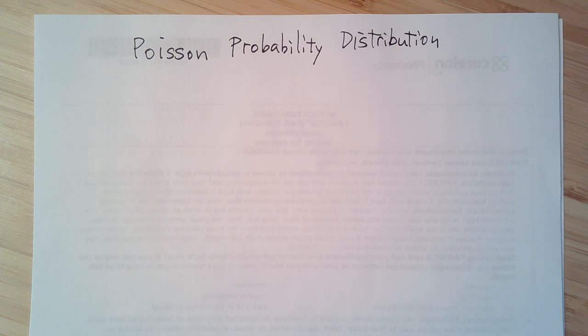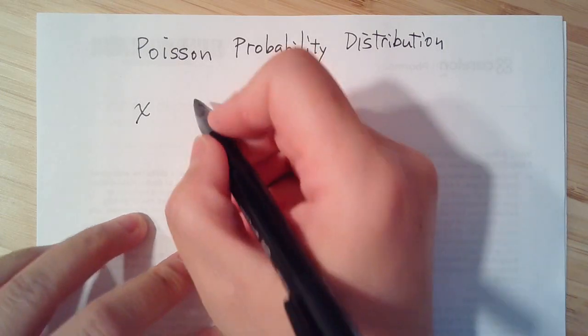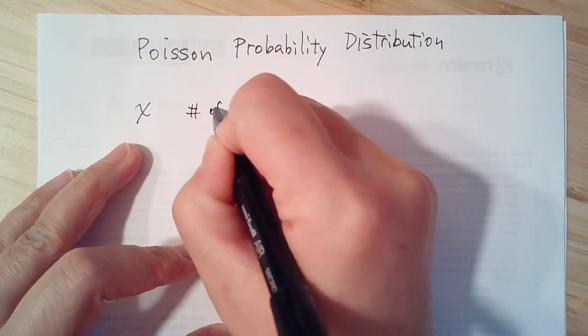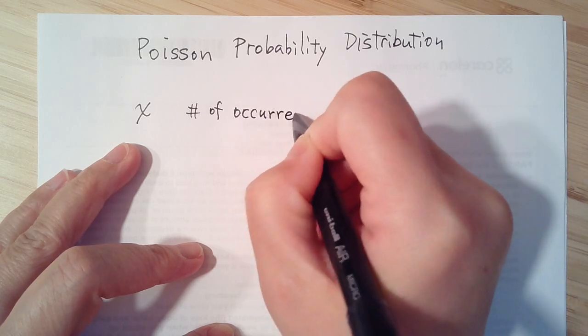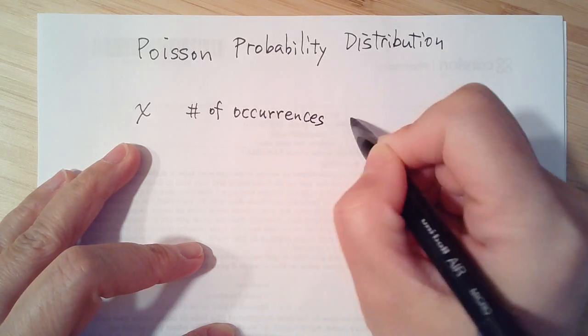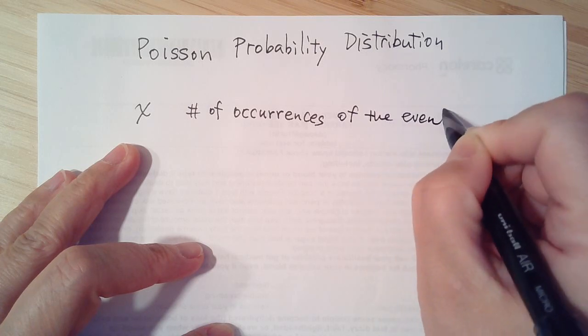The random variable x is the number of occurrences of the event in an interval.